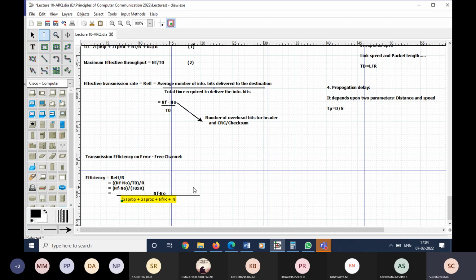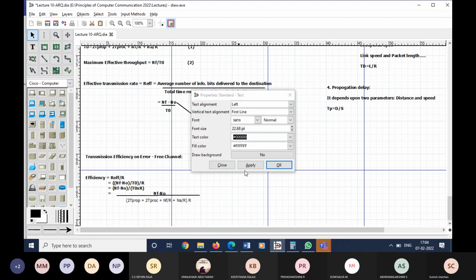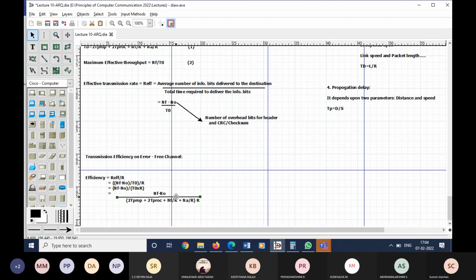Plus the overhead, the acknowledgement bits NA divided by R, correct? Whatever the R, this R only we will be writing here. So we got NF minus N0, and T0 is this complete equation, and whatever R we are having, that is R, correct? Okay.